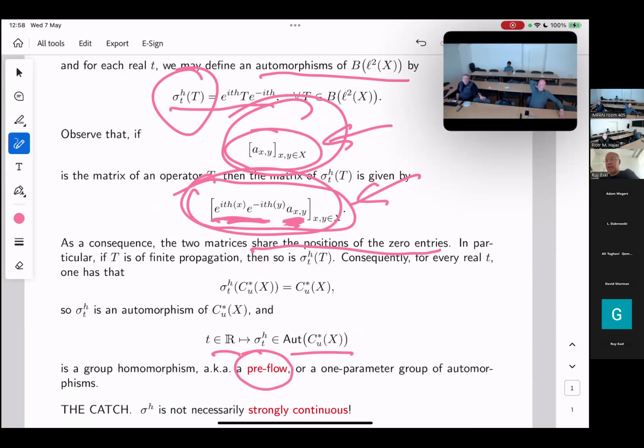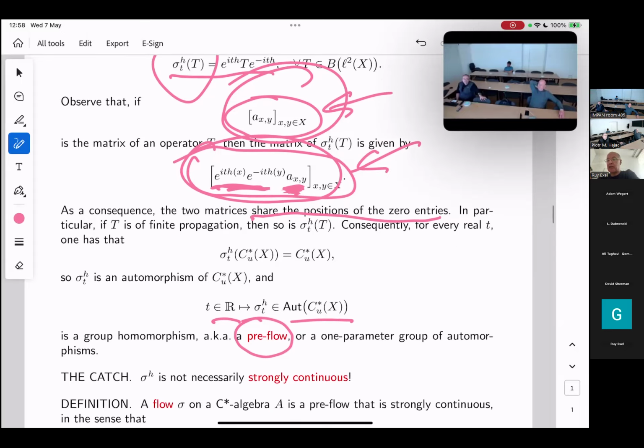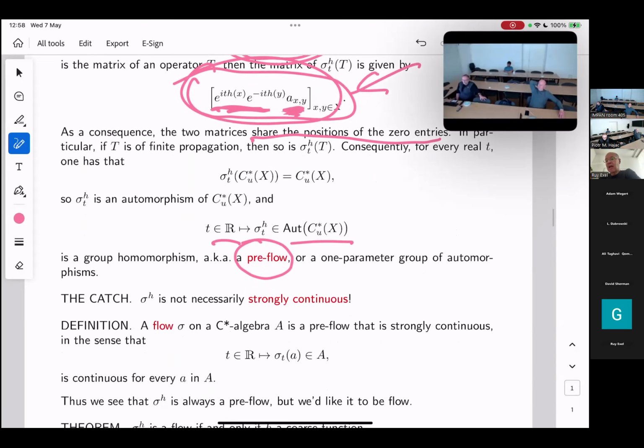Now, the trouble is that this is not strongly continuous. So by a flow, I am going to call a preflow on a C-star algebra that is strongly continuous, meaning that this function here is continuous for every element in A. That's a very important notion in group actions, right? The notion of strong continuity.